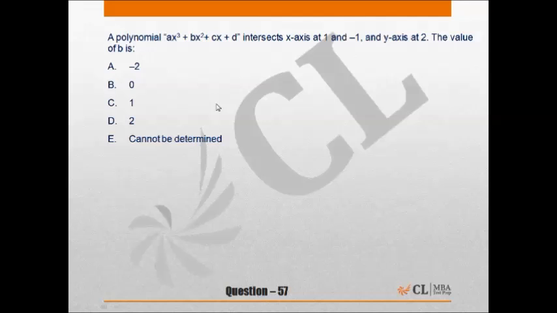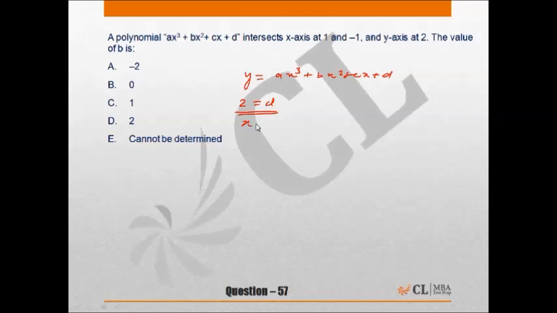So start with the third condition, when the graph or polynomial cuts the y-axis at 2. So if the polynomial is y equals ax cube plus bx square plus cx plus d, and when it cuts the y-axis at 2, which means y equals 2 and x will be 0, in that case we get the value of d as 2.